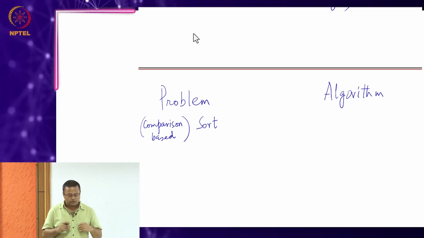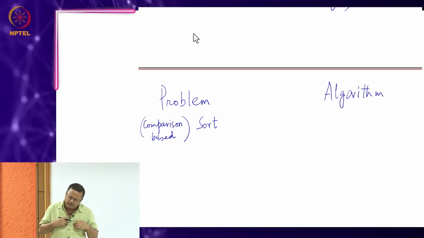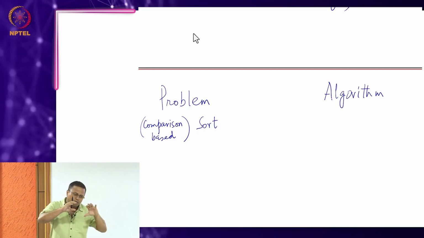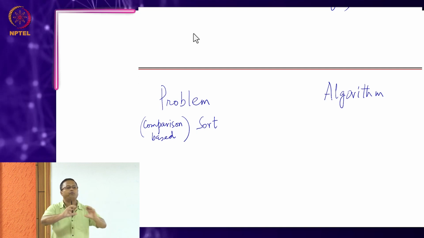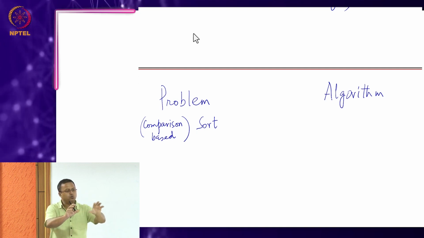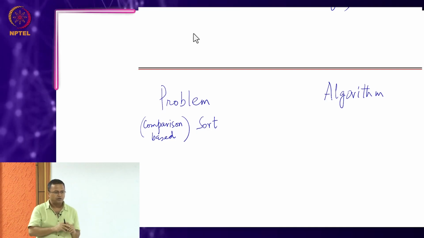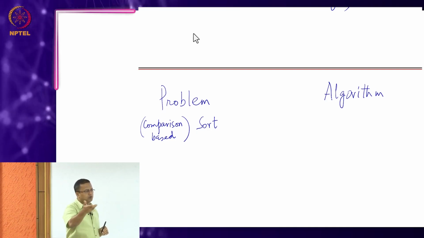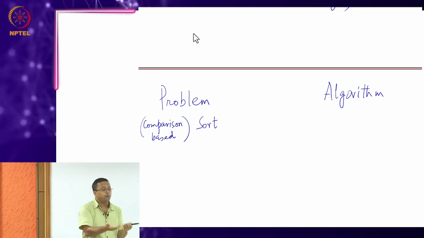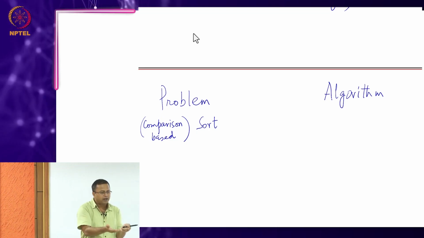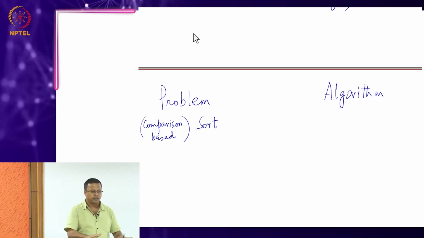Now, let us come back to the sorting problem under this RAM model, and let us even make this machine model more rudimentary. I give the machine the power to compare two numbers. That is why it is a comparison based sort. If you look at your quick sort, bubble sort, selection sort, whatever, essentially you compare, and based on the comparison you do something: either you swap or you allow it to remain as it is.